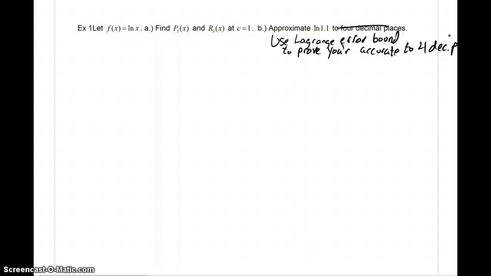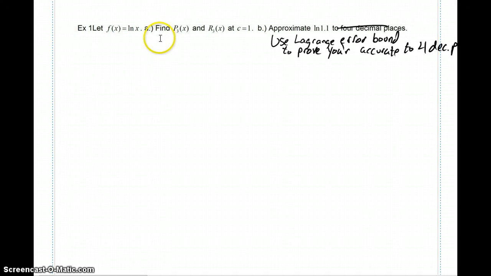Use your Taylor polynomial to approximate the natural log of 1.1, but then I've changed the directions a little bit. Use the Lagrange error bound to prove you are accurate to 4 decimal places. So with no further ado, let's just realize that if we're going to go out to the third degree Taylor polynomial, we need 3 derivatives.